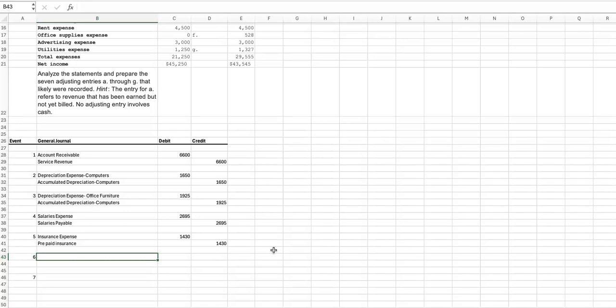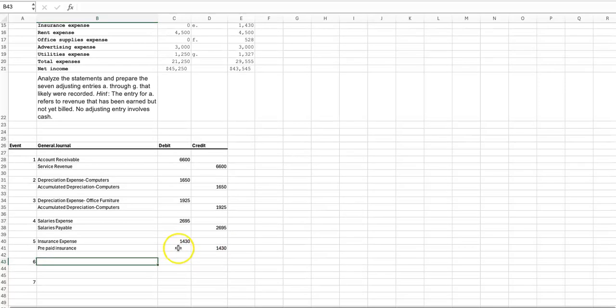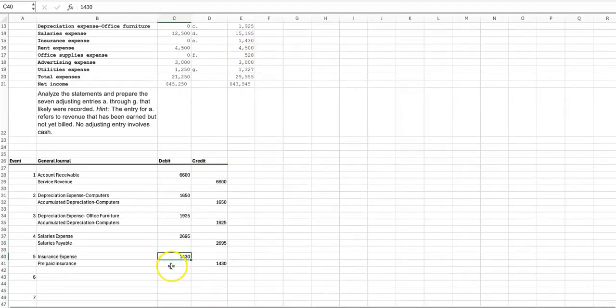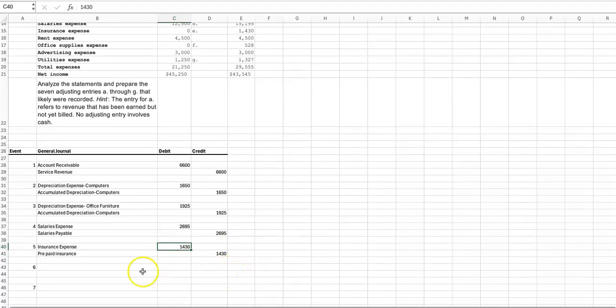You're paying for it generally as the time goes on. Once months go down the road, that asset account is slowly going down because of the way it's recorded as far as the insurance expense. Hopefully that makes some sense. But like I said, for insurance expenses for the adjusted, you would put $1,430, and then you would decrease the prepaid insurance, or credit it, so it's $1,430.